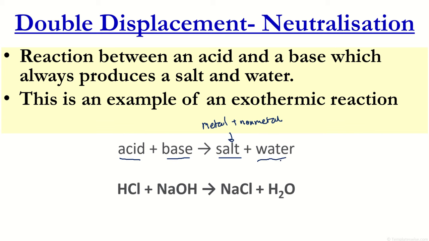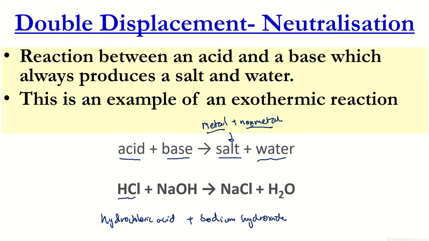And water. Okay, so you can see in this case, a salt is a combination of a metal and non-metal. Using our example with this equation, we have hydrochloric acid and sodium hydroxide.